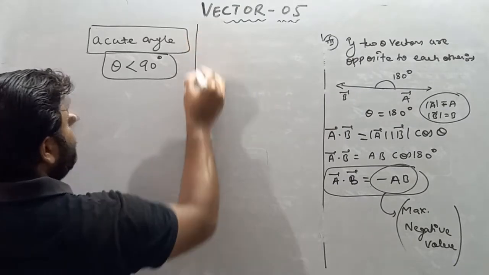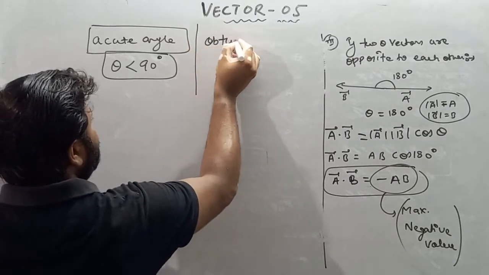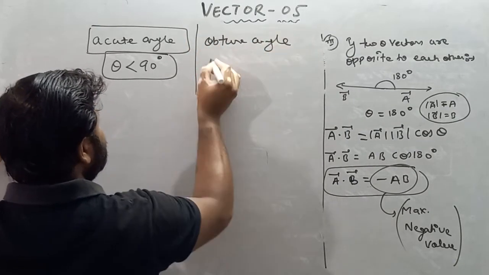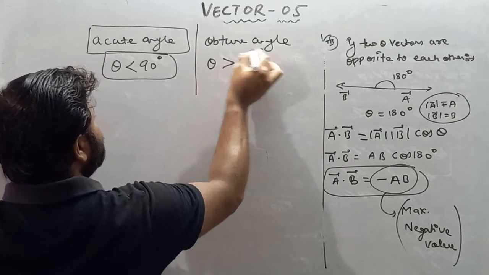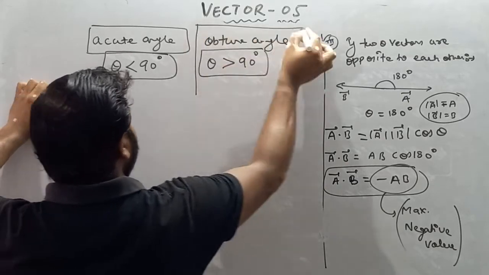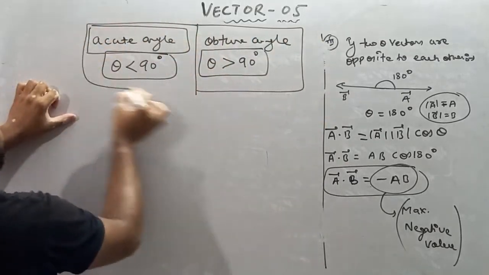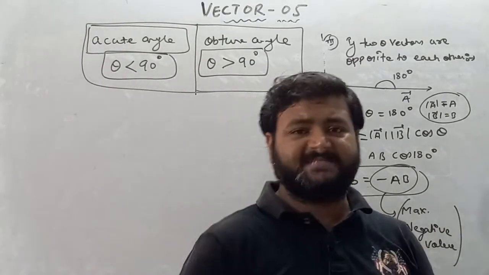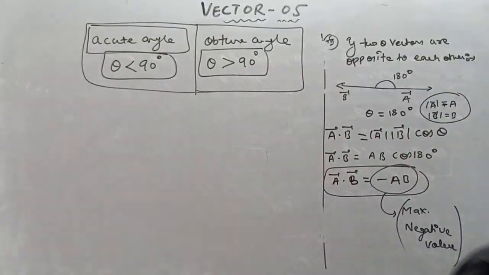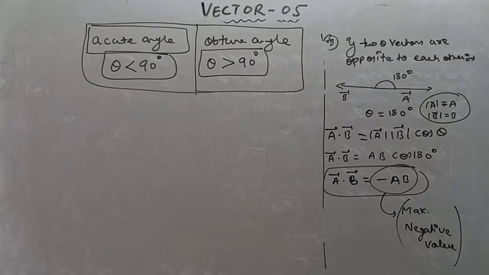Similarly, if I am talking about obtuse angle, then remember theta is greater than 90. One is your acute angle and other is your obtuse angle. Remember my dear student, if I am talking about acute angle, then theta must be less than 90, and if I am talking about obtuse angle, then theta must be greater than 90.